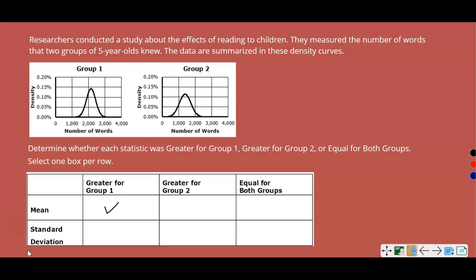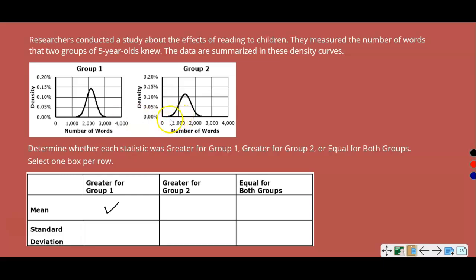All right, the next thing we need to look at is standard deviation. So is the standard deviation greater for group 1, for group 2, or equal for both groups? So standard deviation is how far the data deviates from the mean. So you can see how wide the graph is basically shows how much it deviates. So this normal distribution curve goes from just above 1,000 to just below 3,000.